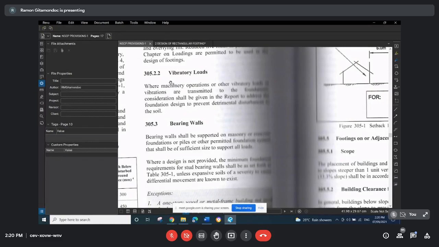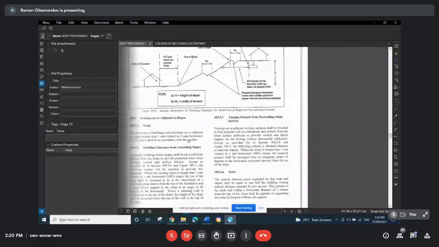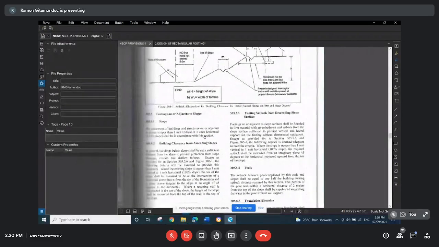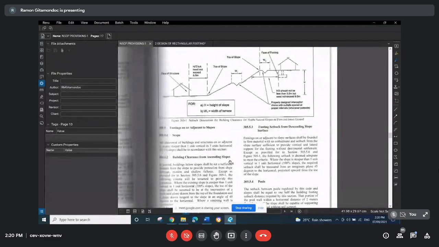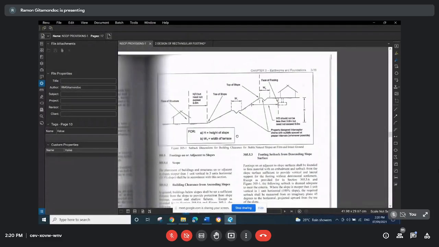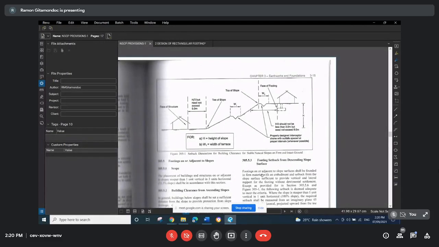Another way will be to make the foundation heavy in order to minimize the vibration, no. Or you can use vibration isolation for the equipment foundation or equipment support. Okay, so you have here some building clearance from ascending slope and from descending slope, no. So I think this figure here is self-explanatory, no.